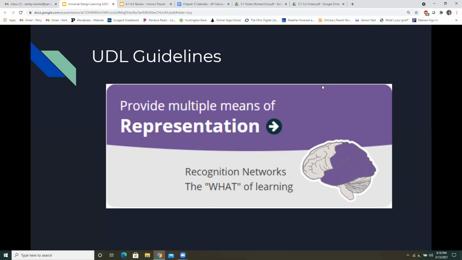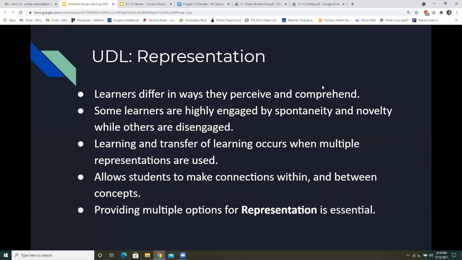And again, cognitive neuroscience tells us that a different part of the brain is going to be asking how the what of learning is going to happen. So when we come to representation, we know that different learners will understand concepts in vastly different ways.